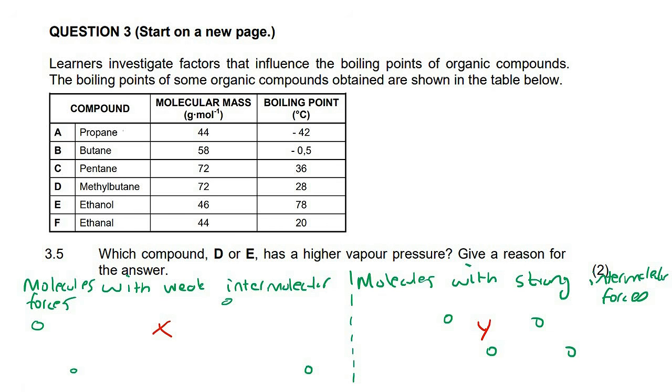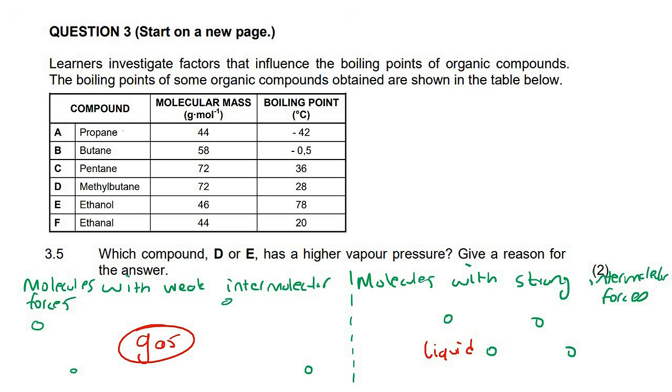Okay, that was a joke. So in which scenario would you expect the molecules to be more in the gas phase compared to in the liquid phase? Remember, liquid molecules are closer together than gas molecules. So this one here on the left would be more gas, because the molecules are further apart, because there's less intermolecular forces holding them together. And then here we would have more of a liquidy type of scenario.